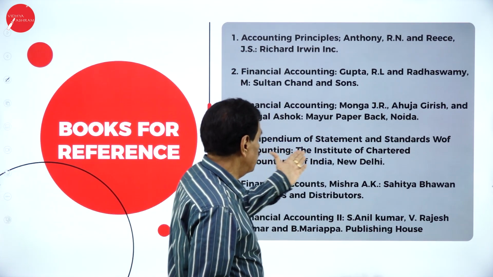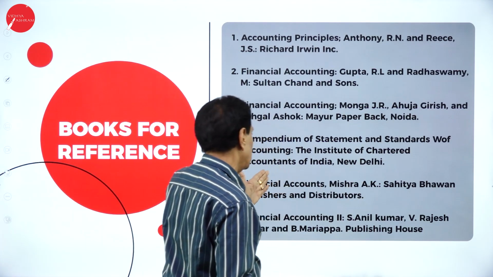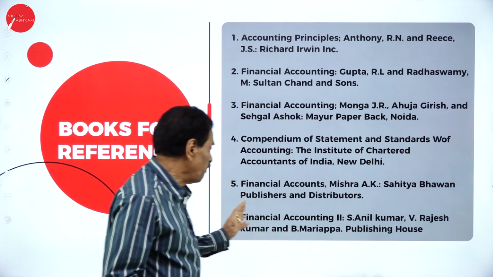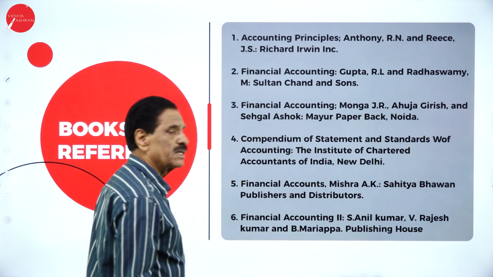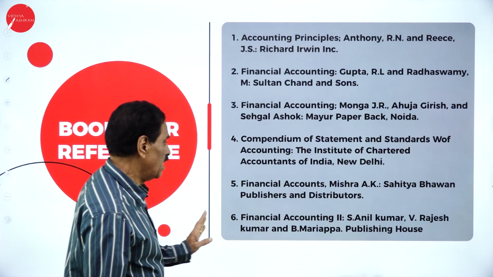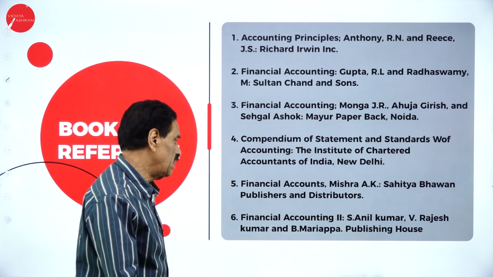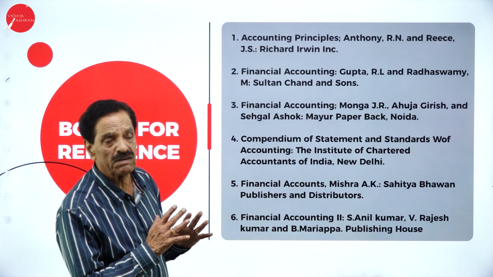Then Compendium of Statements and Standards of Accountants, the Institute of Chartered Accountants of India, New Delhi, available in the bookstall. Final Accounts by Mishra A.K., Sahitya Bhawan, publishers and distributors. Last one, Financial Accounting by S.A. Anil Kumar, V. Rajesh Kumar and B. Mariappa, Publishing House. So these are all the books for references.